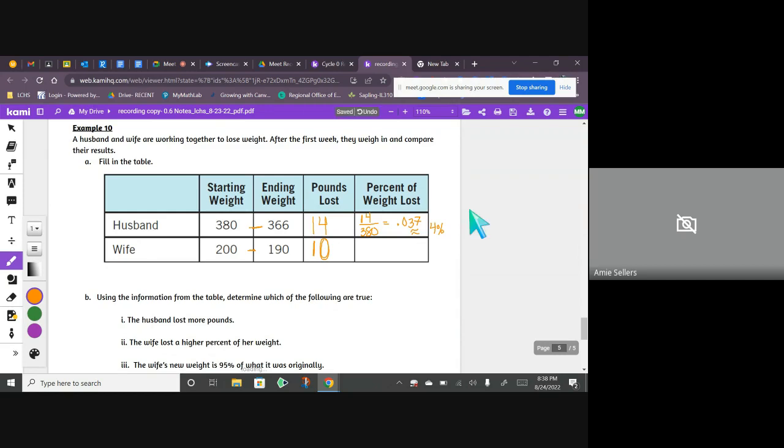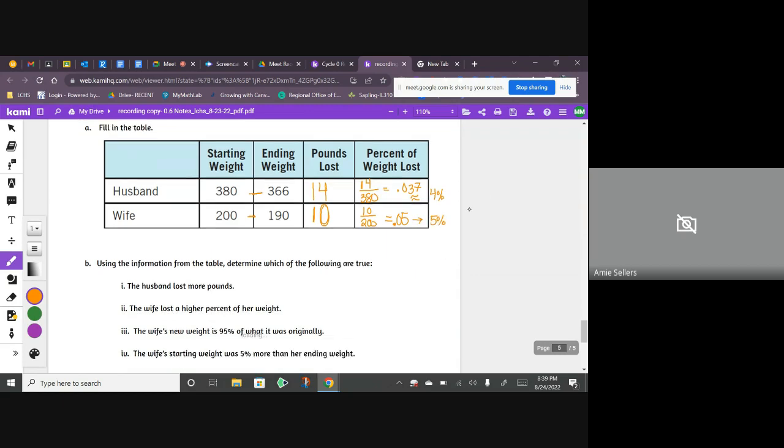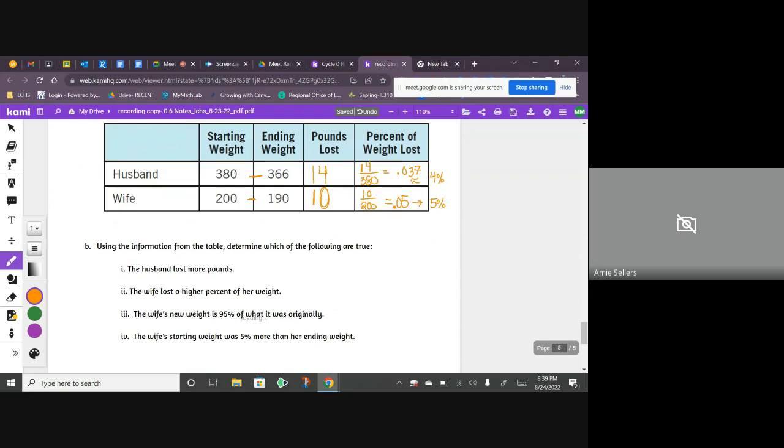For the wife, hers is 10 out of the original 200, which is 5%. And it shows up in the calculator as 0.05, which would then be 5%. So the husband lost 14 pounds and his percent of weight lost was 4%. The wife lost 10 pounds and her percent of weight loss was 5%.